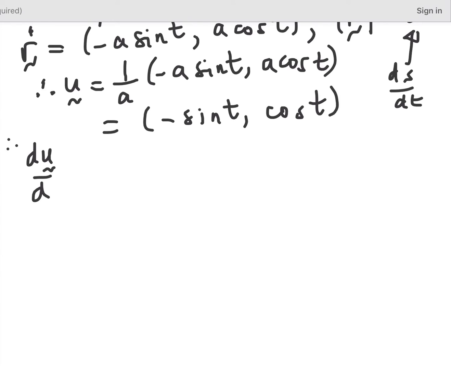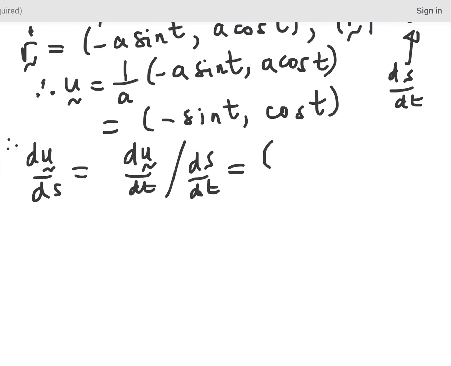Okay, so just to recall then, du/ds is determined by, well, we have to convert everything to t's, so this is then du/dt divided by ds/dt, chain rule, okay? du/dt is differentiating your unit tangent vector with respect to t. So if you differentiate that, we get minus cosine t, minus sine t.